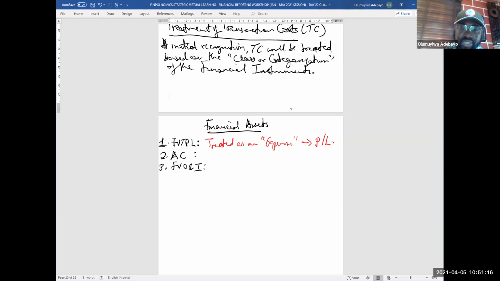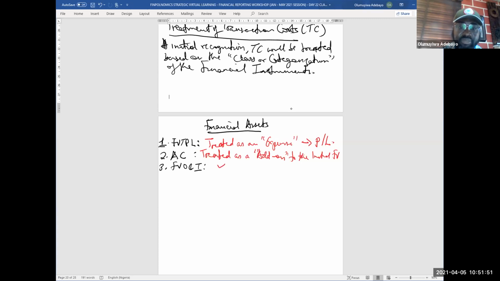But if it's amortized cost, it will be treated as an add-on to the initial fair value. Remember, every financial instrument has to be recognized at fair value at initial recognition, which means if the fair value is $1 million and your transaction cost is $10,000, you add it to $1 million for the category of amortized cost.